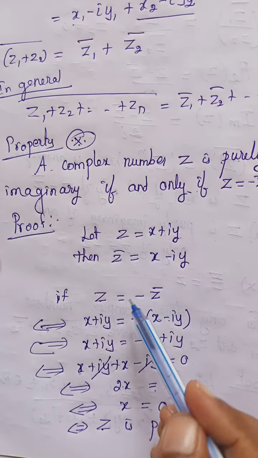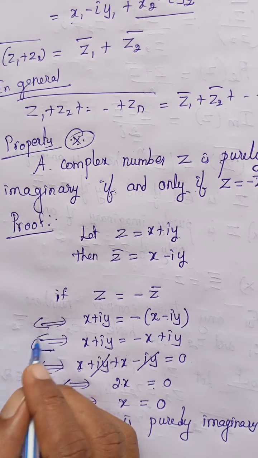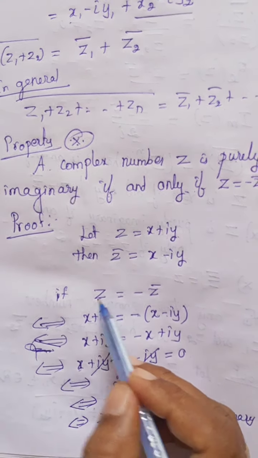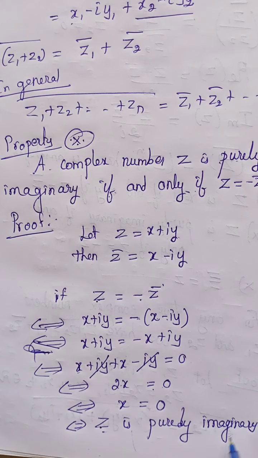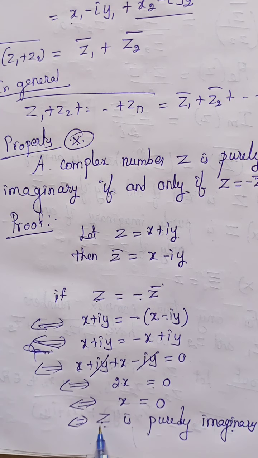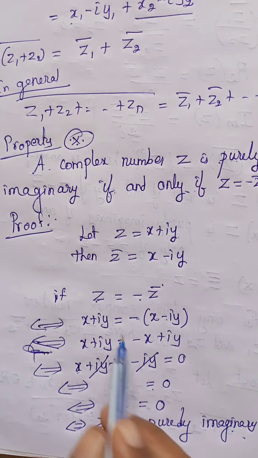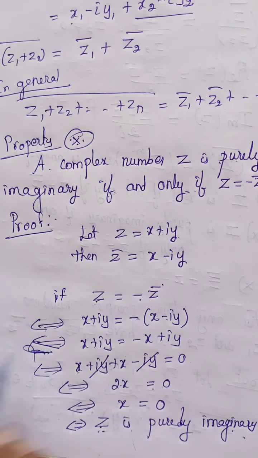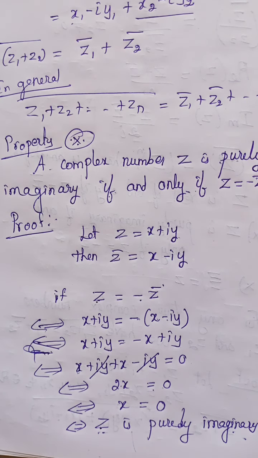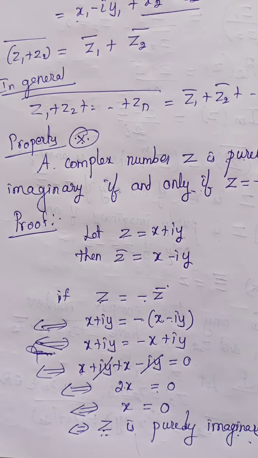So we get z equal to minus z bar when z is purely imaginary. The same way, if z is purely imaginary, we will get z equal to minus z bar. Is that clear?